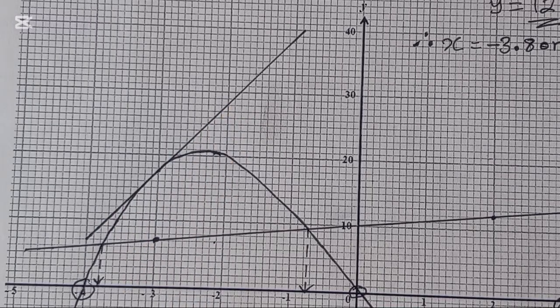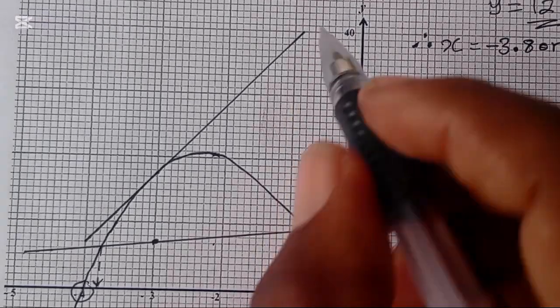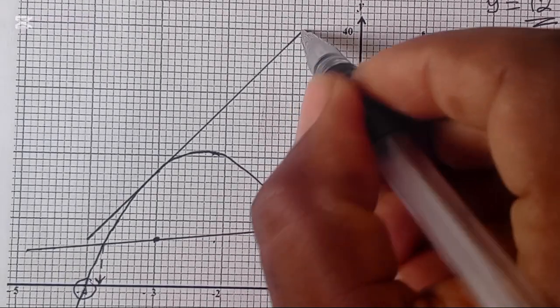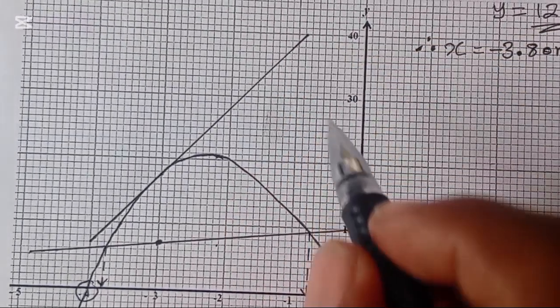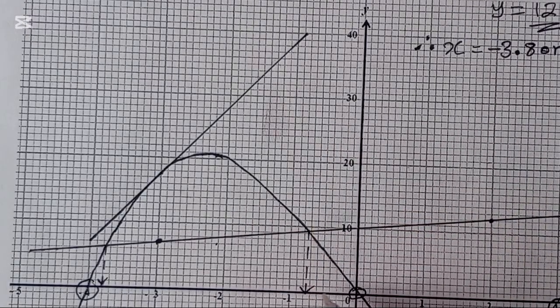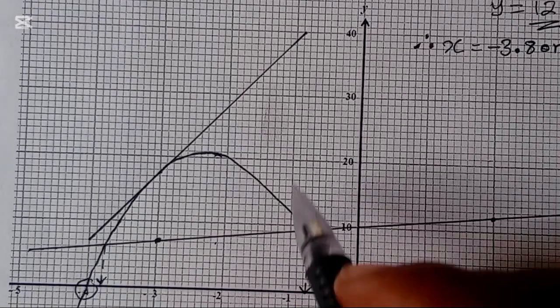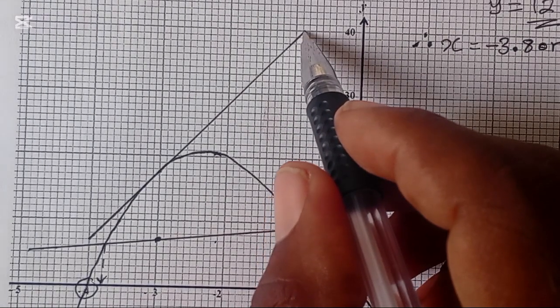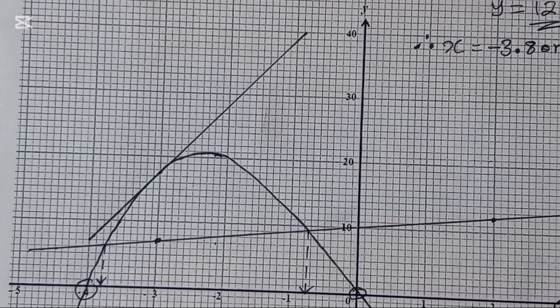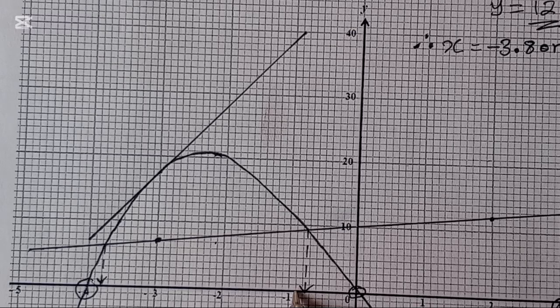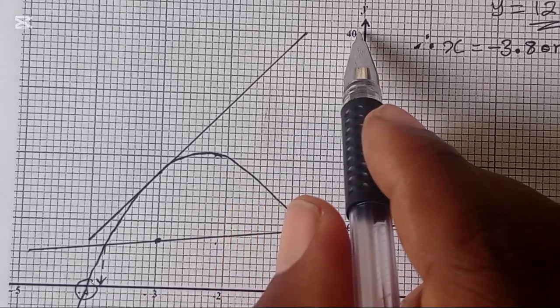So I'm going to pick two coordinates. Number one, this coordinate. It is negative 0.9, comma 40. Negative 0.9 here, comma 40. This is 40.